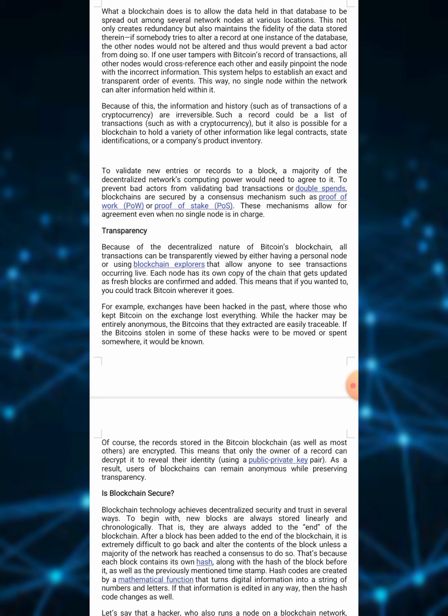Then you will see the transactions going in and out of that network. This allows everyone to see the transactions occurring live. Each node has its own copy of the chain that gets updated as fresh blocks are added.